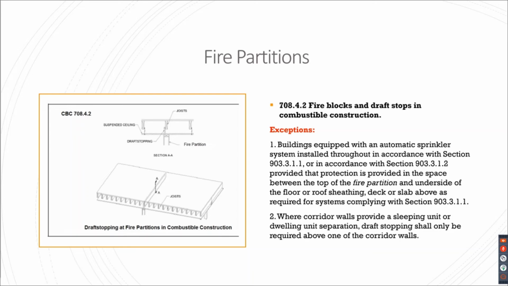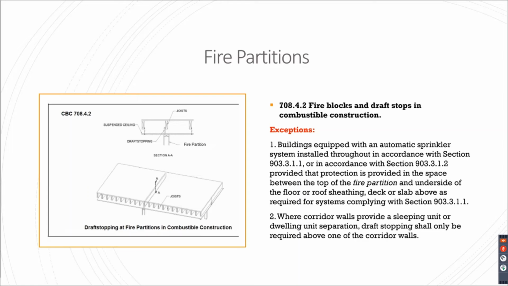And then exceptions to this: the buildings equipped with an automatic sprinkler system installed throughout in accordance with 903.3.1.1 or 903.3.1.2, provided that protection is provided in the space between the top of the fire partition and the underside of the floor, roof sheeting, deck, or slab above, and required for systems complying with 903.3.1.1.